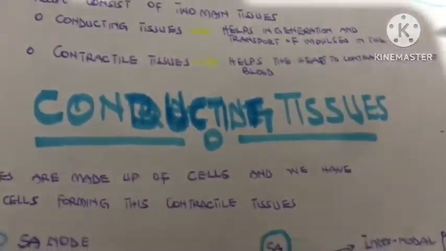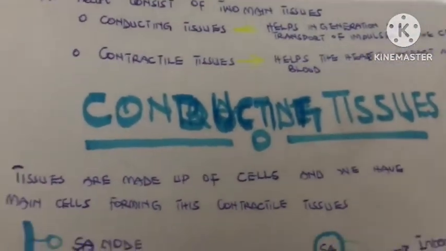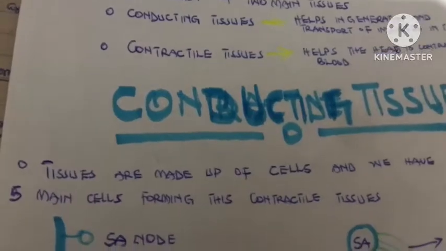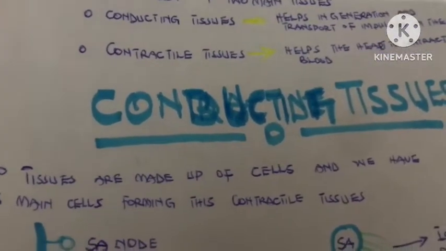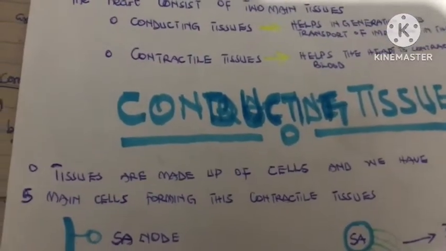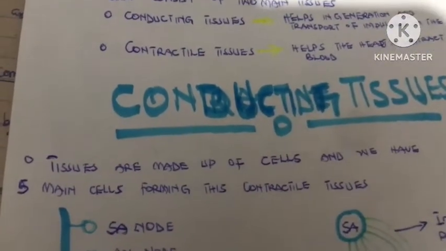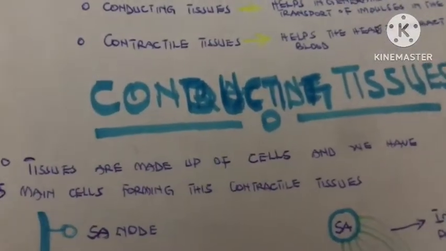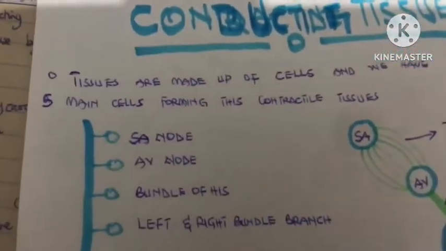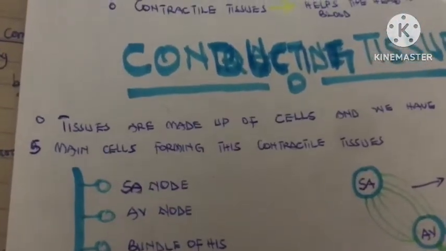So now let's look at the conducting tissues in detail. You see, tissues are made up of cells. And we have 5 main types of cells that form this conducting tissue. These 5 main types of cells, we also call them nodal cells.